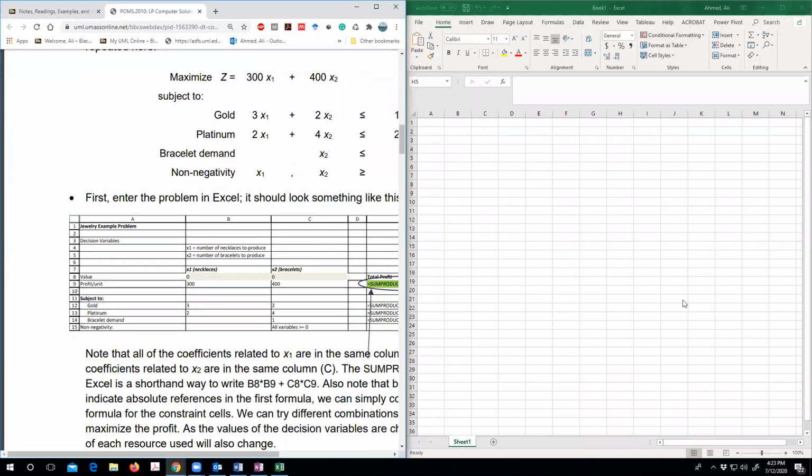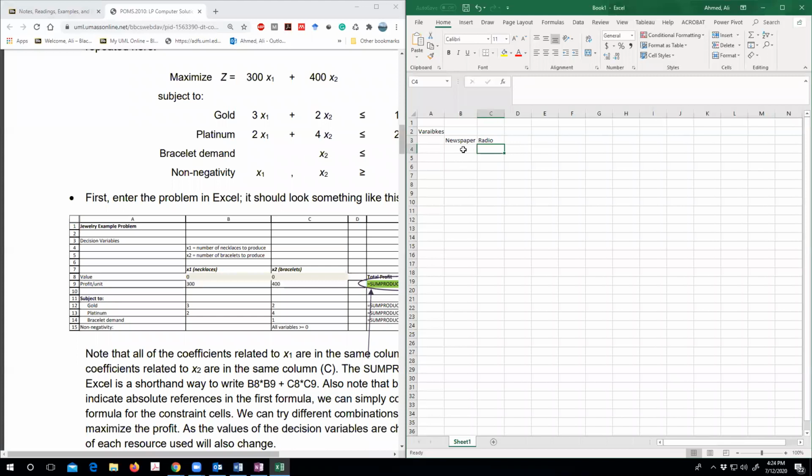So let's do one by one. We also have 2 variables here, decision variables. We have newspaper and we have radio. And we can allocate our budget between these 2.